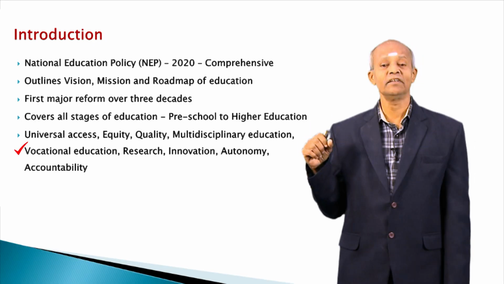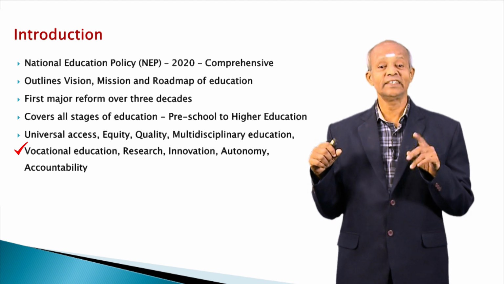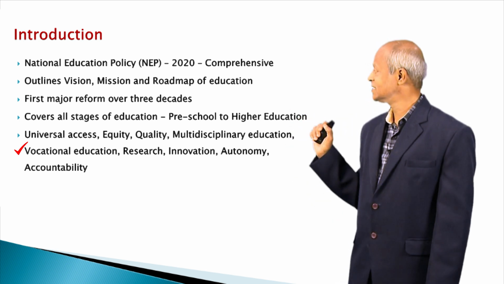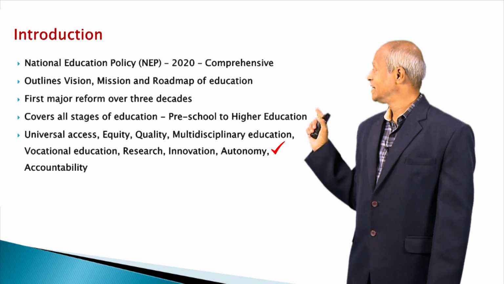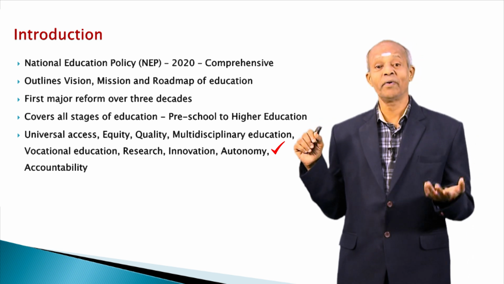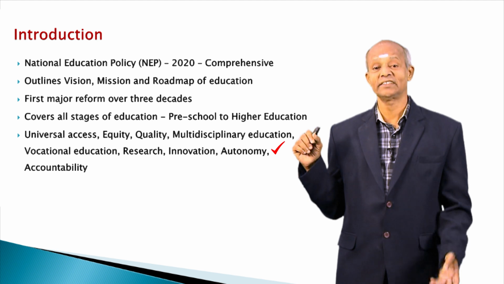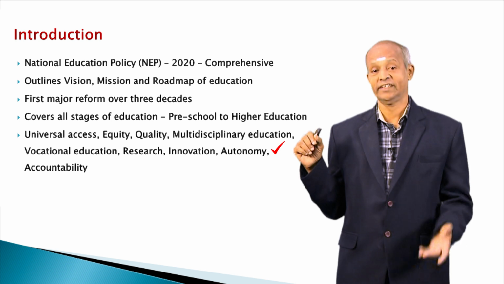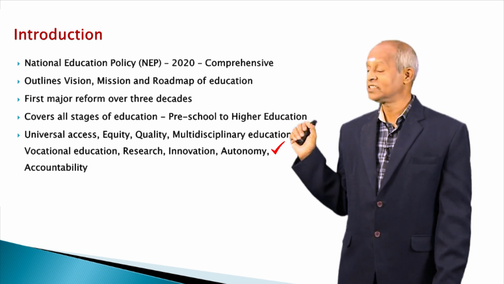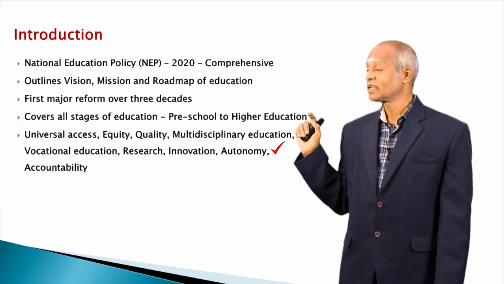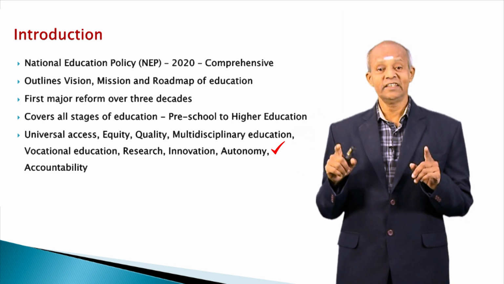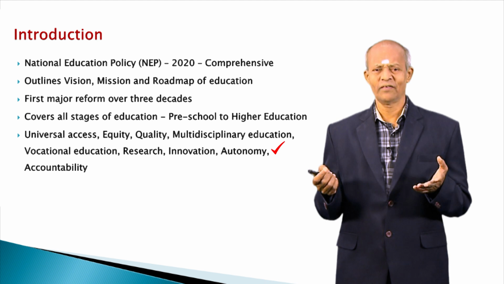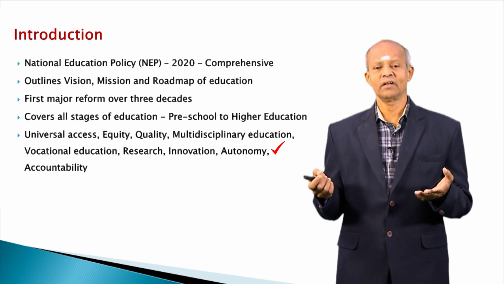And vocational education, vocation means the hands on experience, the industrial experience or the skill based courses. Then research and innovation, we have to invent. The number of patents or innovations are very less in India, and particularly IPR, intellectual property rights, come under innovation. We have to enhance innovation. Then autonomy, all the institutions are autonomous, that means they have their own governance, their own culture, their own curriculum.